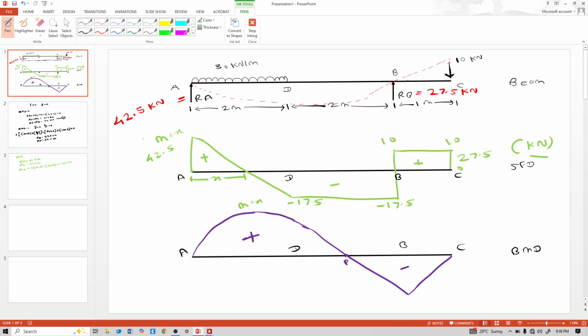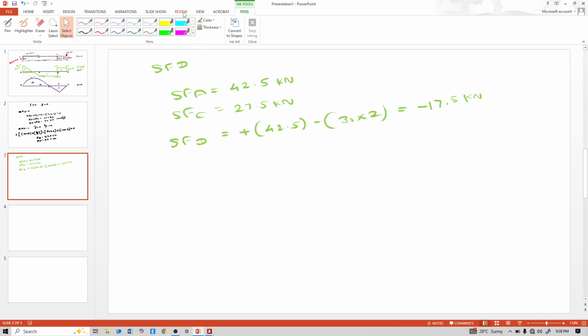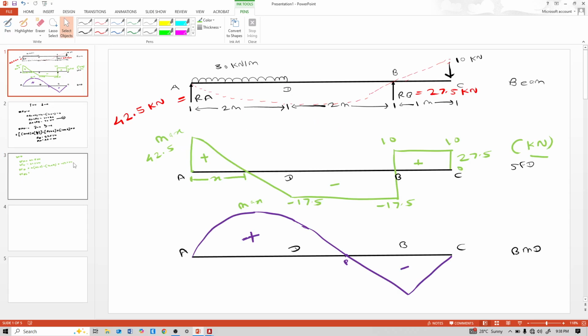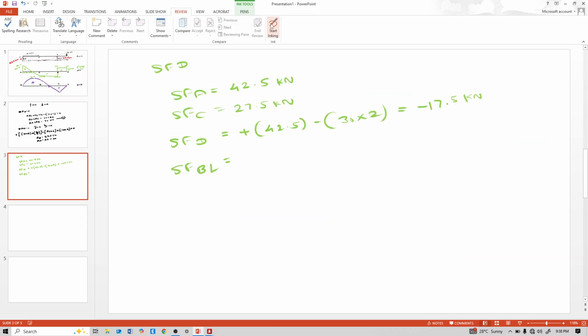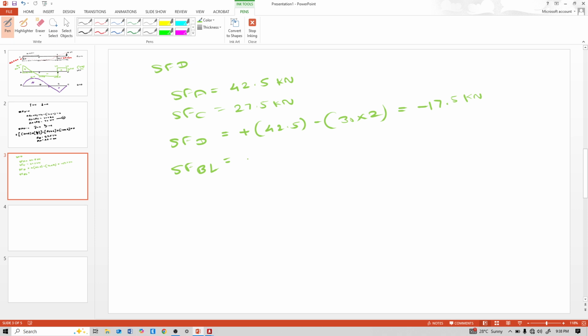So shear force at B left is minus 17.5, and shear force at B right is 10 kilonewton.